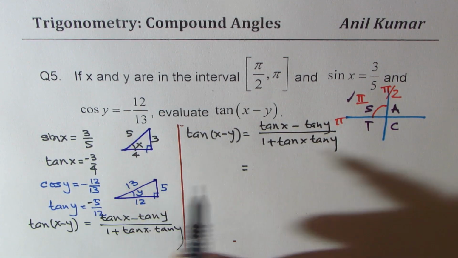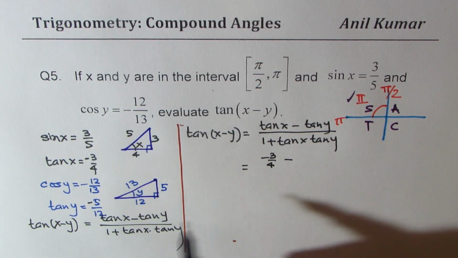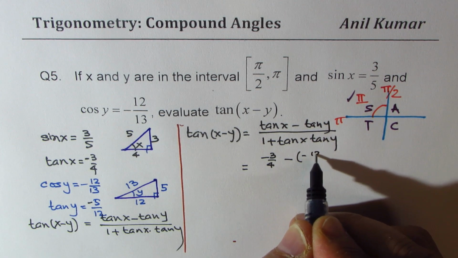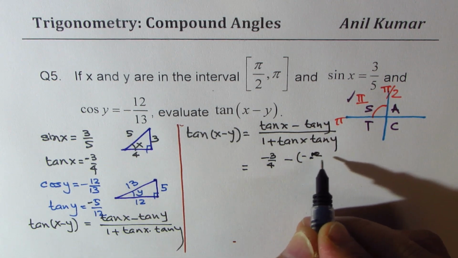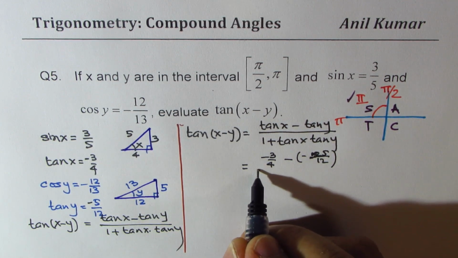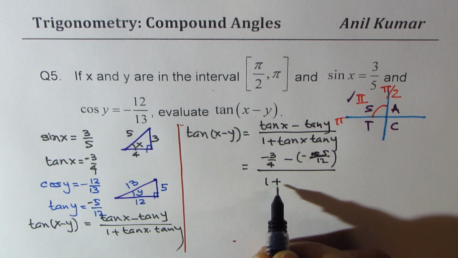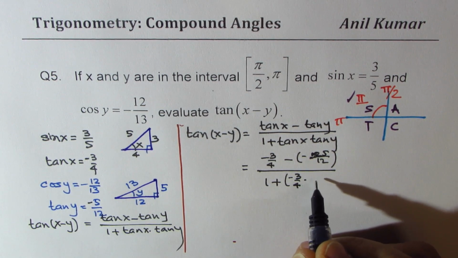So both are negative, so we'll write here for tan x, minus 3 over 4, minus of minus 5 over 12. And in the denominator, we have 1 plus, both negative, minus 3 over 4 times minus 5 over 12.